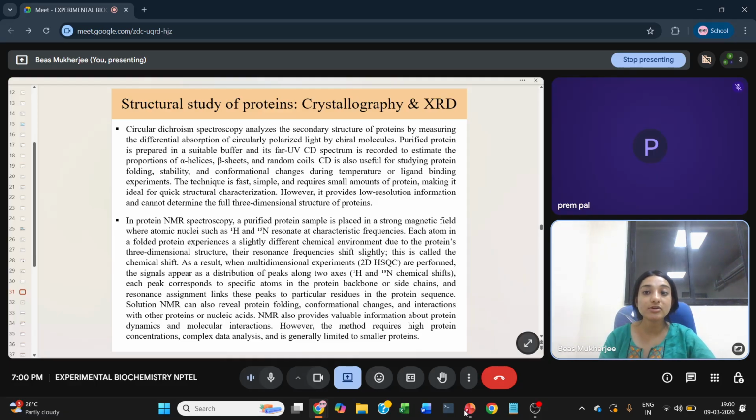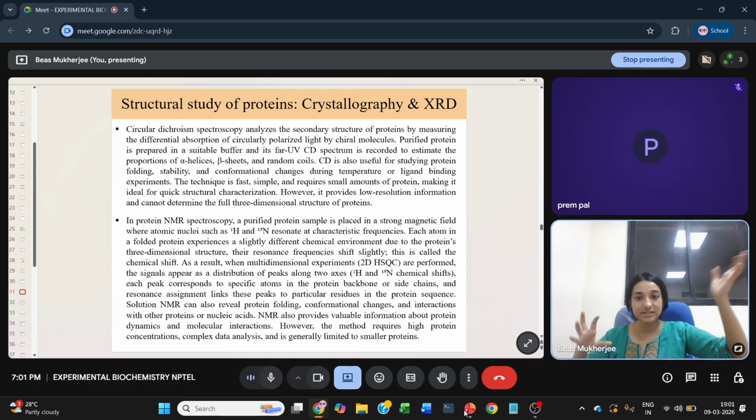Each atom in a folded protein experiences a slightly different chemical environment due to the protein's three-dimensional structure, so their resonance frequencies will shift slightly. Even when you apply only one single frequency to the whole protein, different regions will have different chemical shifts, because an atom here experiences a different chemical environment compared to another atom at a different place in the protein.